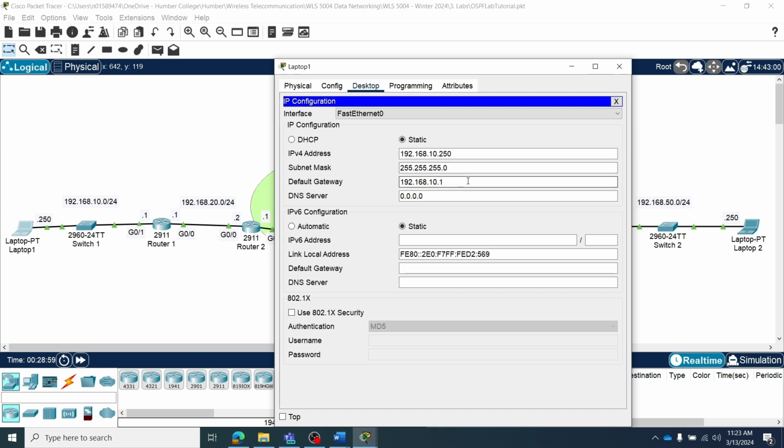The default gateway is the IP address of this router's interface. So we are done configuring the IP address, subnet mask, and default gateway on laptop 1.